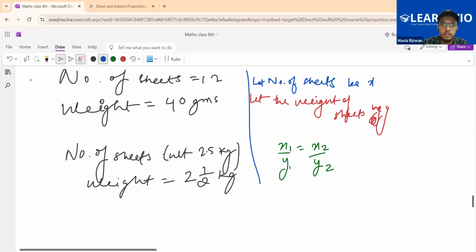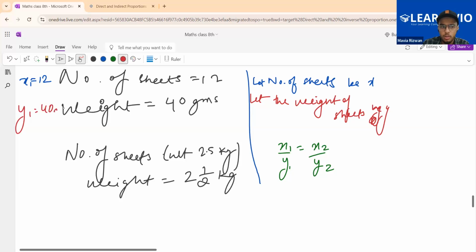So X1 is equal to 12. Now tell me what is Y1? Y1 is 40 grams. Correct. So Y1 is coming out to be 40 grams.